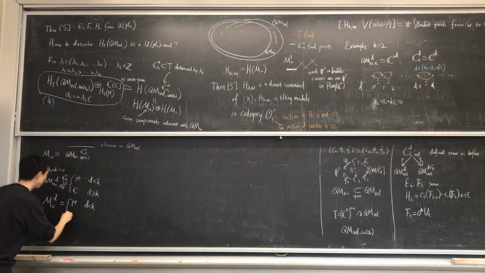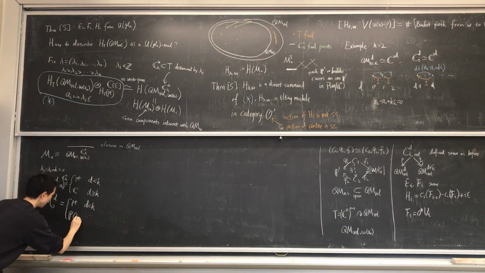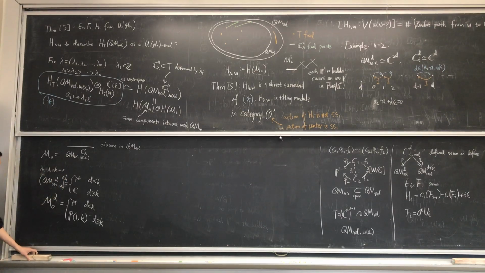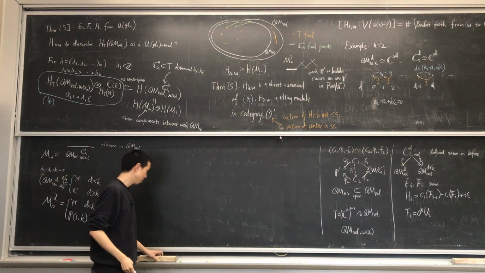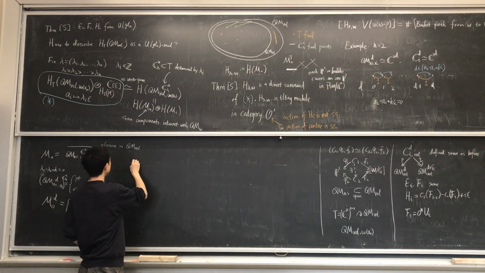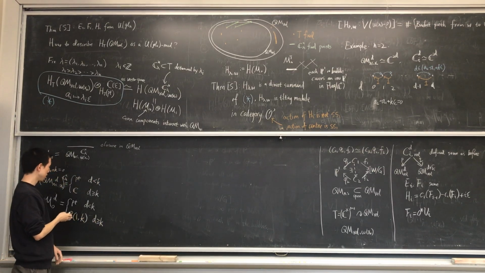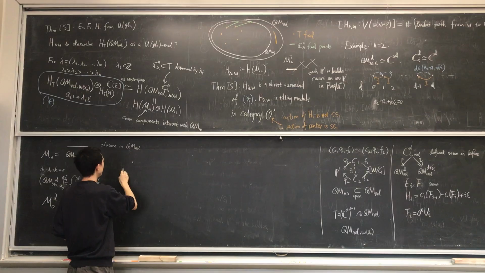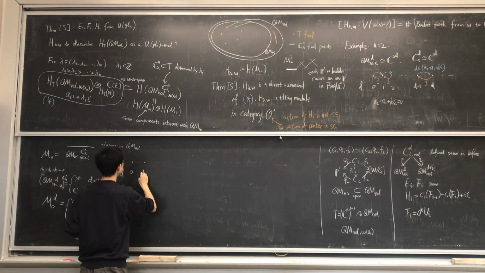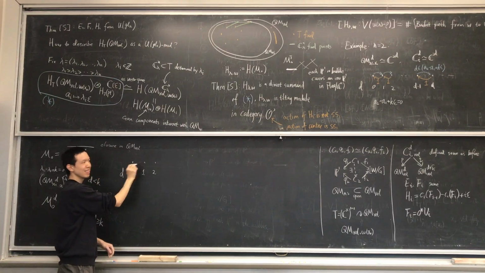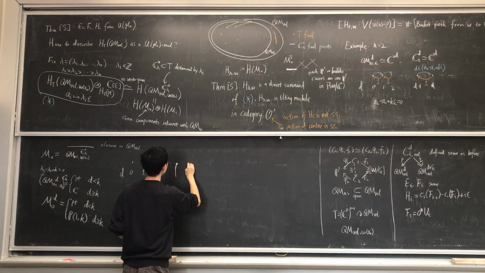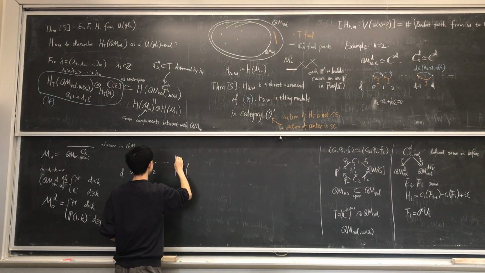And the C will compactify to a weighted projective space, P1 with weight k. So if you draw the spaces, it started as a point, but at some point it becomes a weighted projective space from degree k.